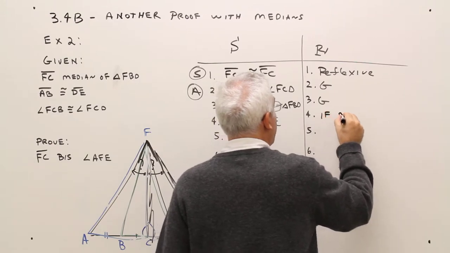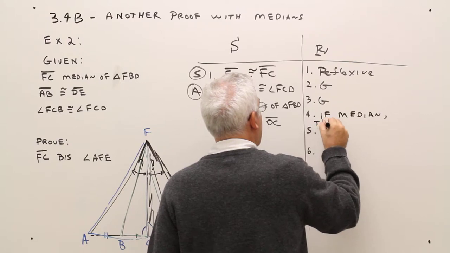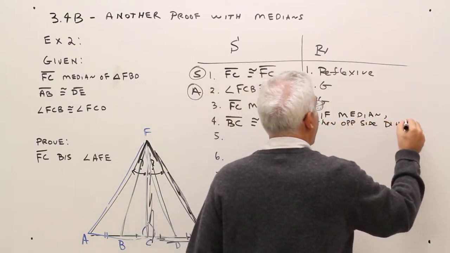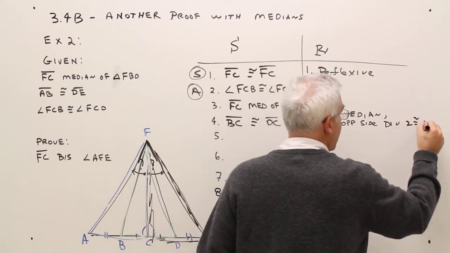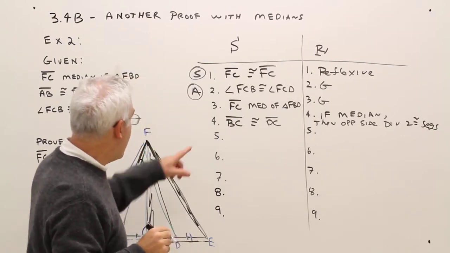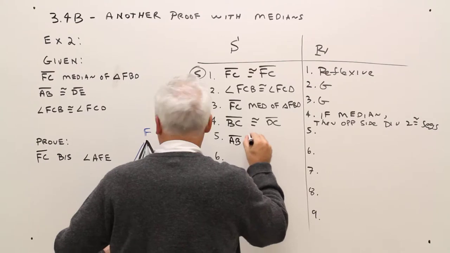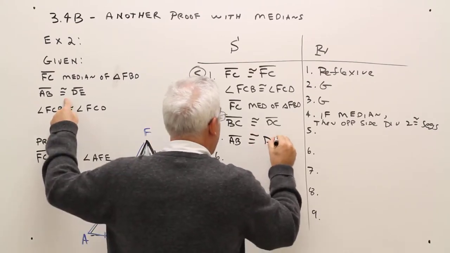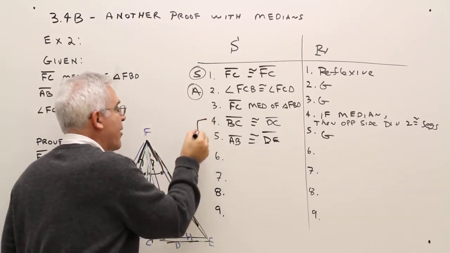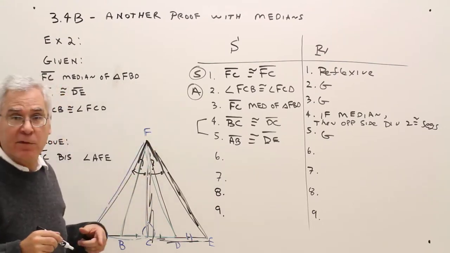So if median, then opposite side divided into two congruent segments. Hopefully that'll be on. Okay, then I'll use the given. AB was congruent to DE. That was given.